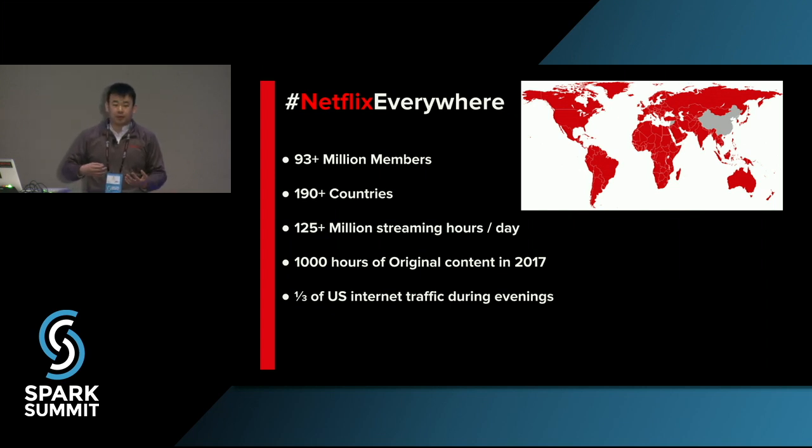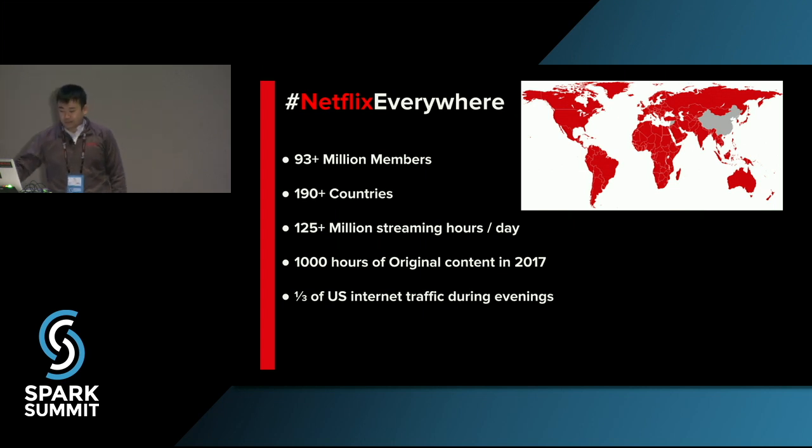So how can we build a global algorithm? We are not going to build an algorithm for each country. We want to build a global algorithm so we can easily serve all the members. And also, each country has a different catalog. So how can we build an algorithm for this kind of environment? That's a really big challenge for us.